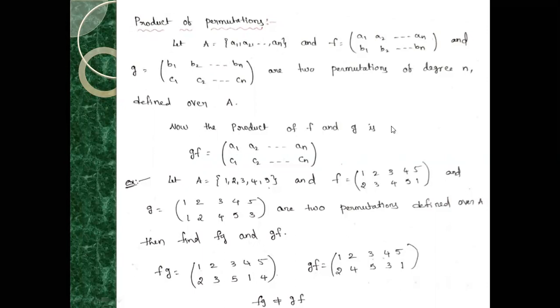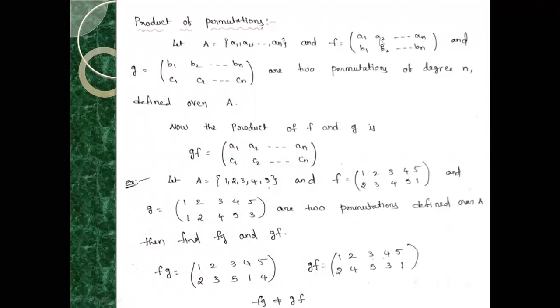Now the product of F and G is GF. So first we check in the F function. In the F function, A1 is related to B1. So in the G function, B1 is related to C1. So we write A1 to C1.